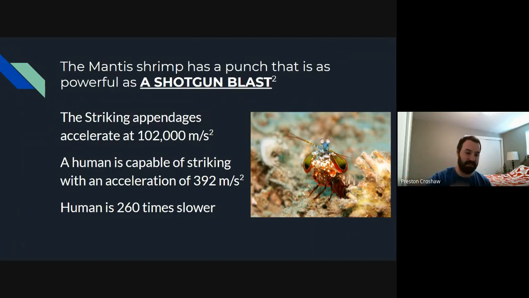It's how fast Major League Baseball pitchers can move their hand, which when they release the ball, it's moving at something like 280 kilometers per hour. 280 kilometers per second would be really fast. So yeah, we are 260 times slower in our acceleration of our appendages than the mantis shrimp.